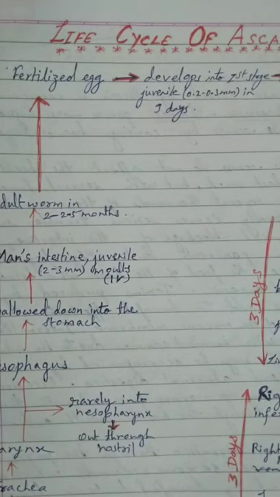Then coming to the life cycle of the Ascaris in detail. Fertilized eggs come to the environment through fecal matter or the stool of human beings into the soil.